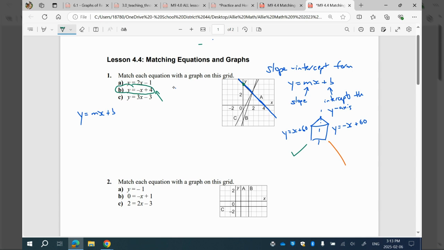So that's A. And what this equation means is that at every single spot on this line, at every single dot here, at every single time and place, y equals negative x plus 4. So let's choose some dot. Let's choose this dot right here at 3. The coordinates of this dot are 3, 1.